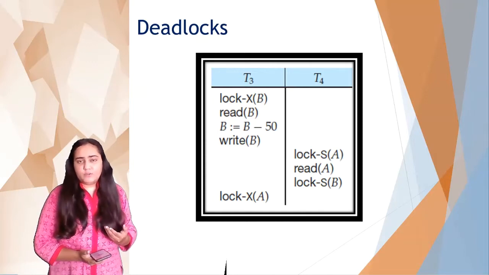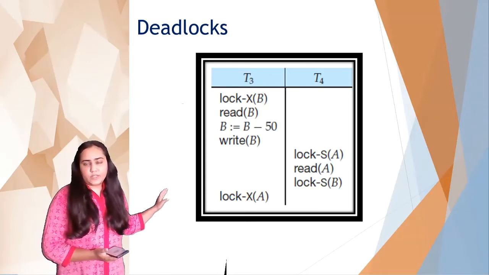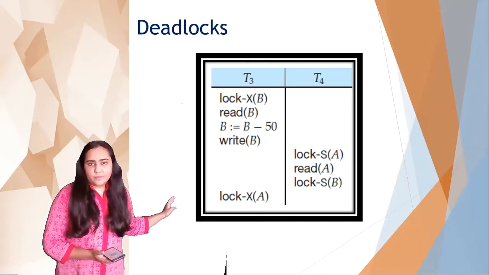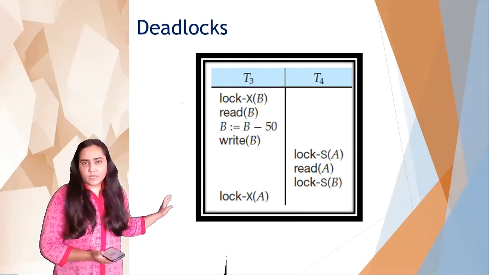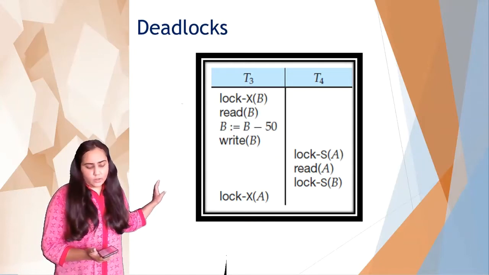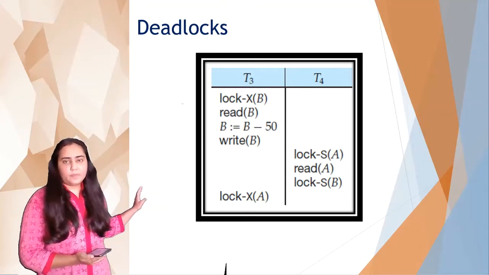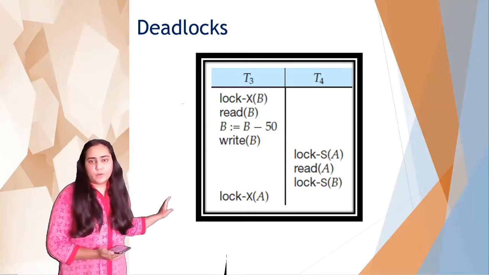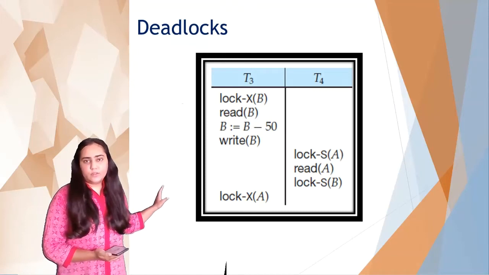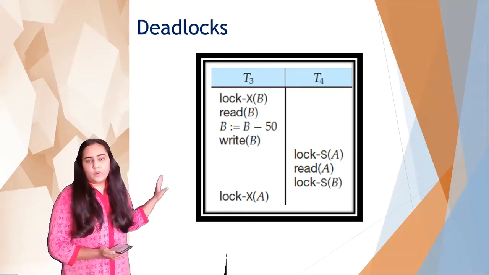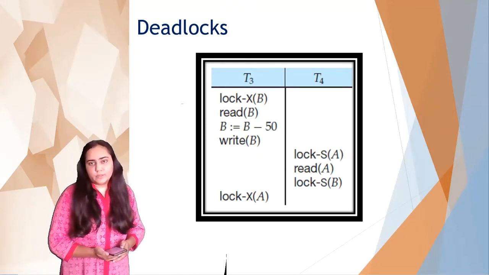Now notice that T3 has not yet unlocked B, and T4, which is next to T3, has obtained a shared lock on A, and then performs read A, and then requests a shared lock on B. So this is the way T3 and T4 are working, and both transactions together are holding one lock each at this point.